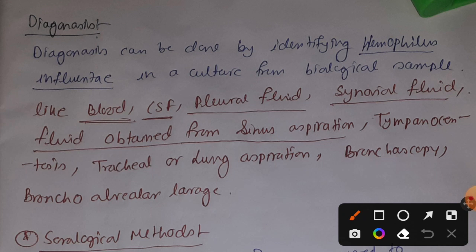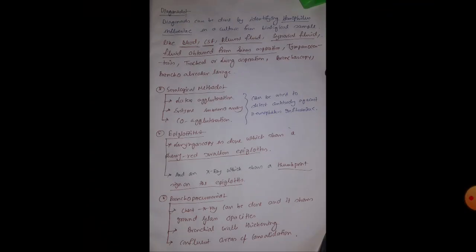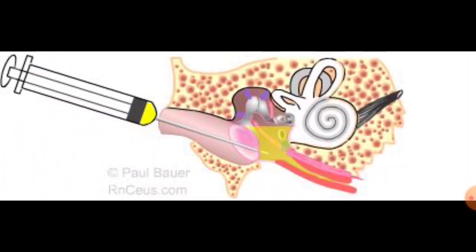That can be chocolate agar or blood agar containing the staphylococcal colony. Then if we get convex, gray, white or transparent colonies, we can conclude that yes, Haemophilus influenzae is present. That is the biological aspect of diagnosis of Haemophilus influenzae.